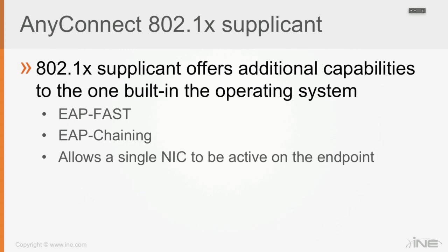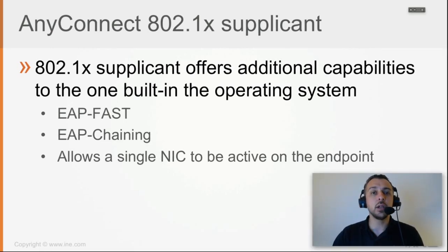And also it can control the computer, the end system, to allow only a single NIC to be active on the endpoint at the same time. Because the user may have one Wi-Fi connection active, one wired connection active, and maybe one WAN connection active, like 3G or 4G. It's really dangerous to have all of them active at the same time, because the computer at that point could become a relay, connected to too many networks at the same time.